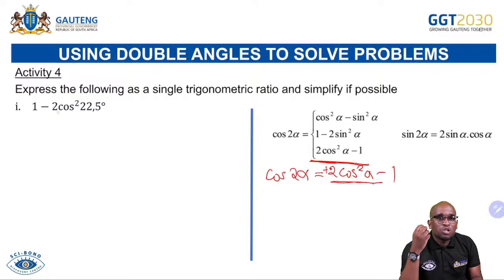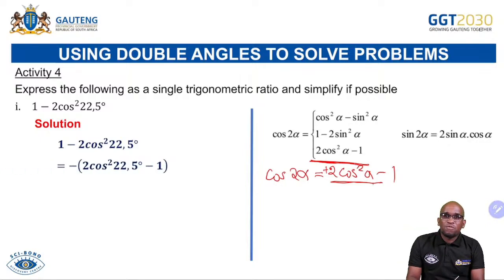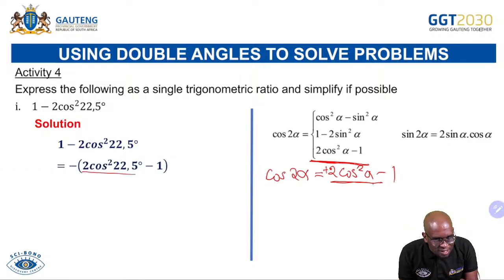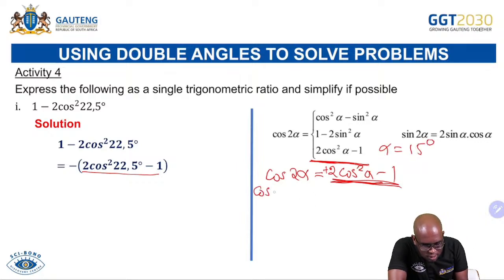So first things first, you are going to take out negative 1 as a common factor. Now this looks exactly like that, where now alpha is equal to 15, which means if we want to simplify this, we're going to have cos of 2 alpha, which is 2 cos squared alpha minus 1. So where we see alpha, we put 15. Oh no, it's 22.5, sorry.